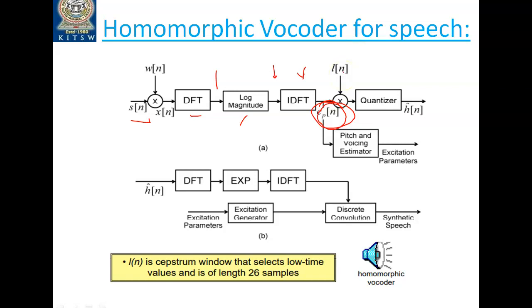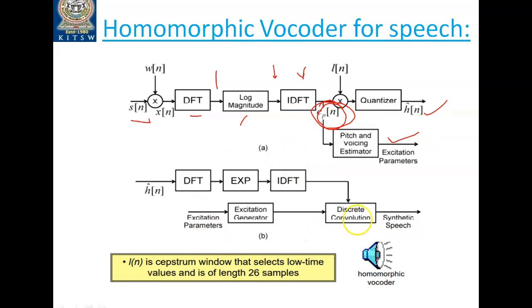We select the low time values, of length 26 samples, and multiply that with the cepstrum coefficients, and then we have the output. The output of this multiplier is given to the quantizer, and h cap of n will be evaluated. From this we can easily evaluate how much the pitch duration can be. That is nothing but the parameters which refer to the excitation.